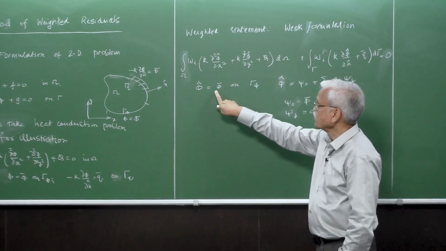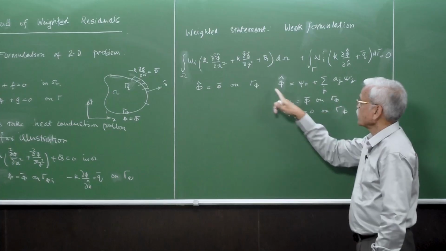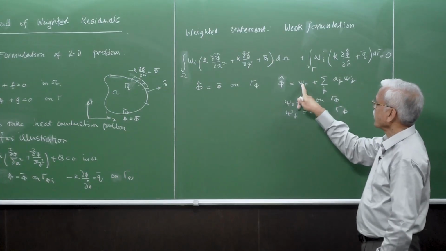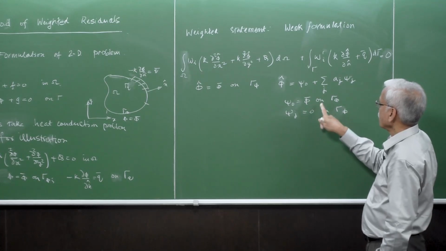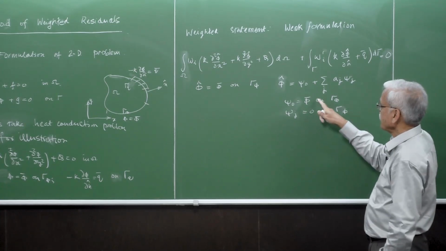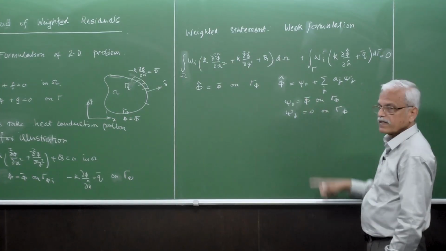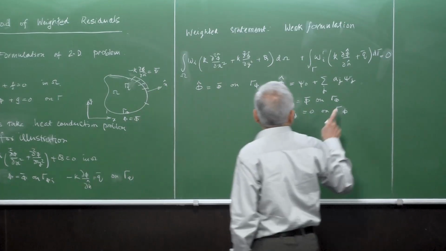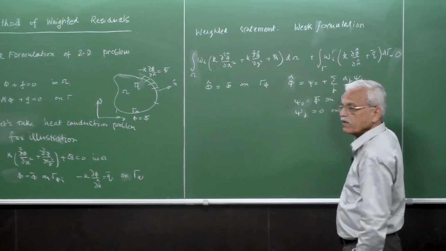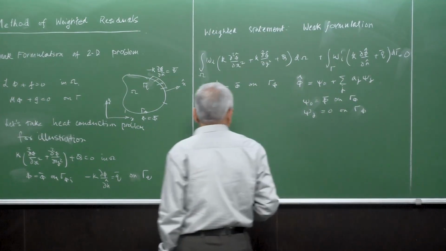So phi hat has to be phi bar on gamma phi. That is possible by taking psi naught to be phi bar and all these psi j's have to be 0 on gamma phi. You can very easily see that by putting these things here, this phi hat satisfies this temperature boundary condition over gamma phi, whatever be the value of the undetermined coefficients Aj's.